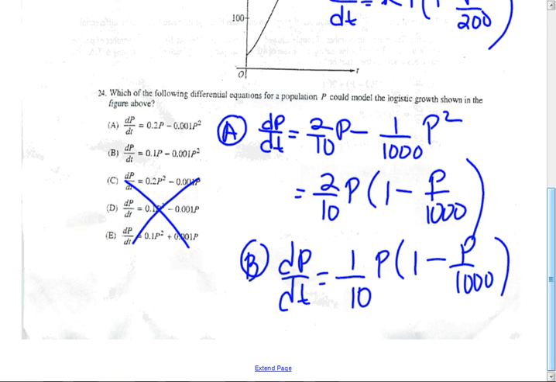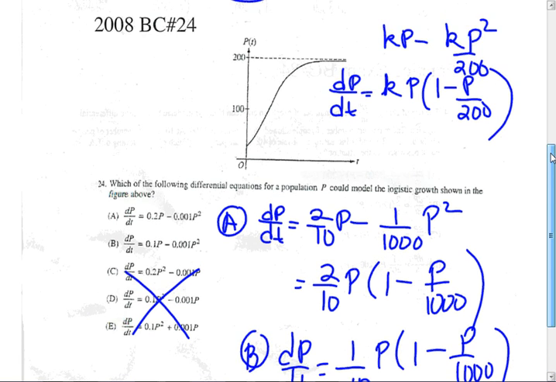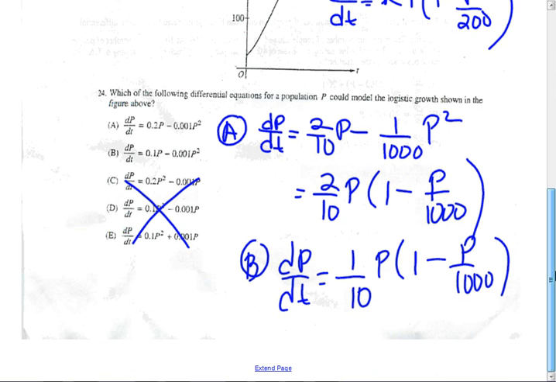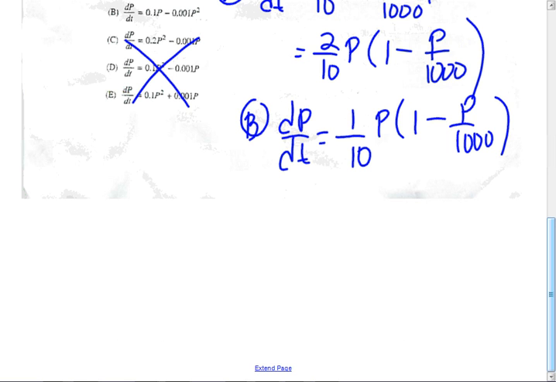Which one's going to work? You've got to look at this. I've got to get to 200 here. Okay. So it's 1 over 10,000 here, right?